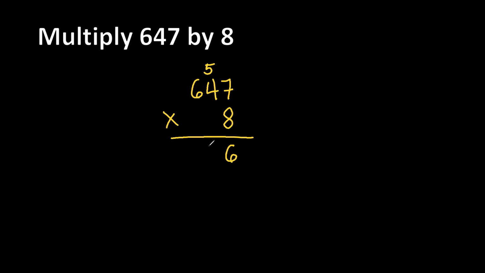Plus 5 is 37. Write down 7, carry 3. 6 times 8 is equal to 48. Plus 3 is equal to 51. So the answer here is 5,176.